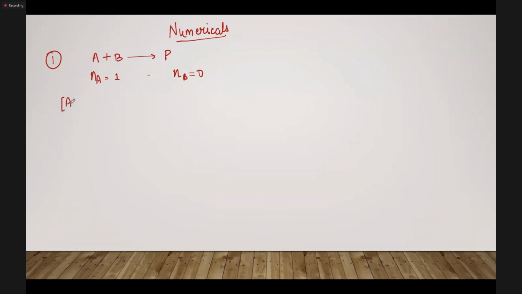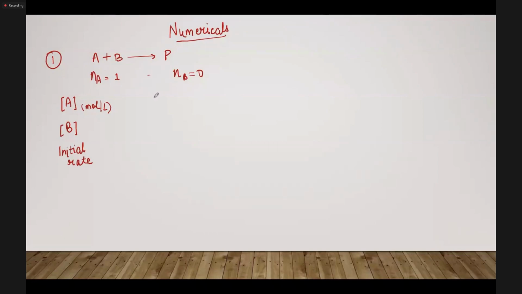This is the concentration of A. The units are mole per liter, the normal units. This is the concentration of B, and this is the initial rate. So they have not given you the complete table, because if they give you the complete table, then there will not be anything left to be found out.